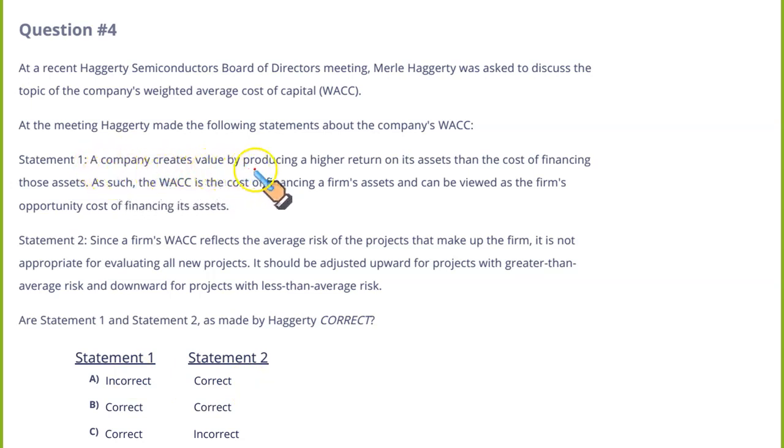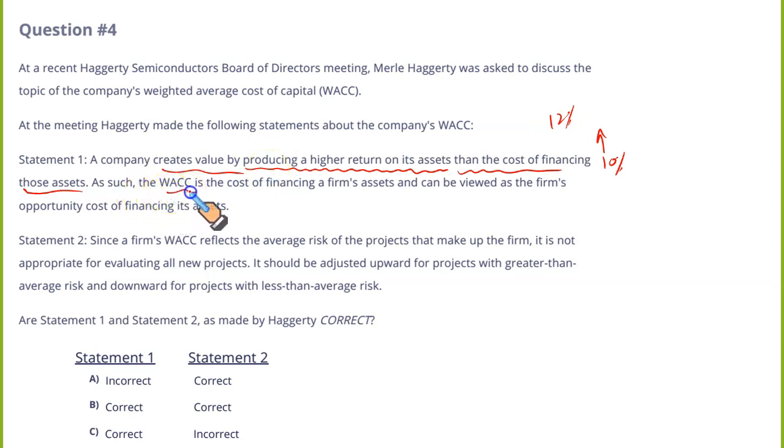A company creates value by producing a higher return on its assets than the cost of financing those assets. It's common sense. Your cost of financing is 10%. Anything you earn above this will create value for the firm and increase the shareholders' wealth.